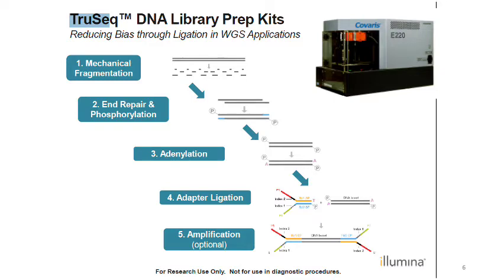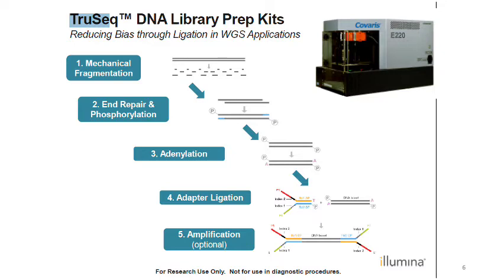The figure on this slide outlines the steps of library preparation. The first step is mechanical fragmentation. The genomic DNA is sheared into fragments of approximately 300 base pairs by ultrasonication in an instrument called the Covaris.